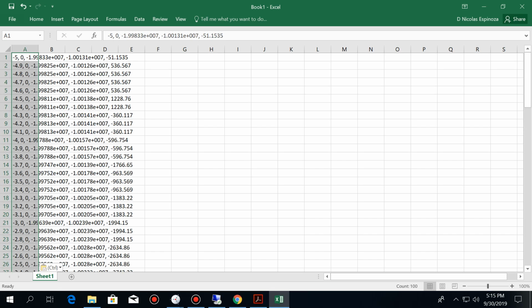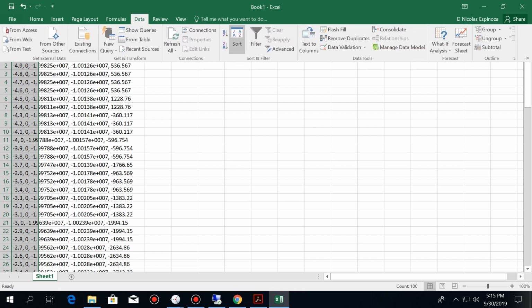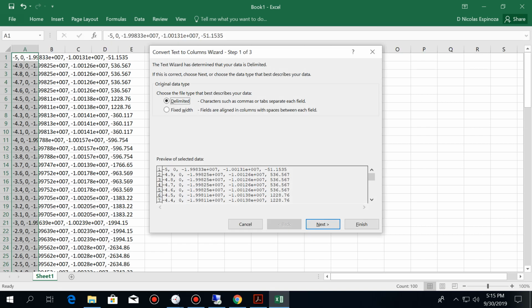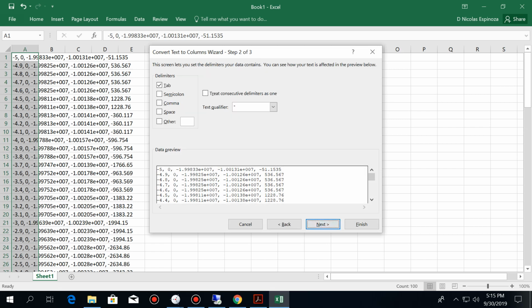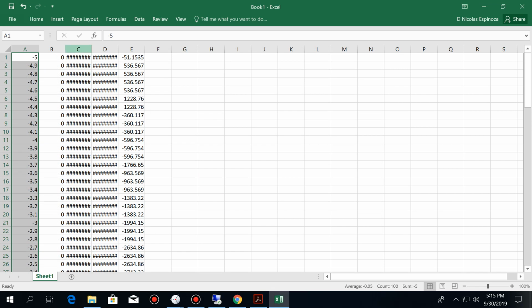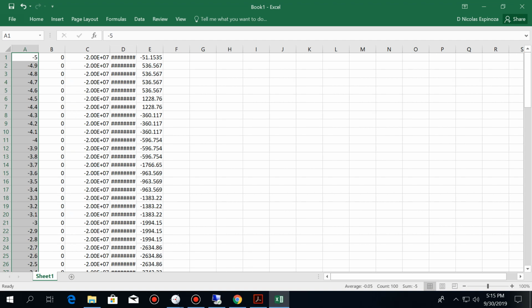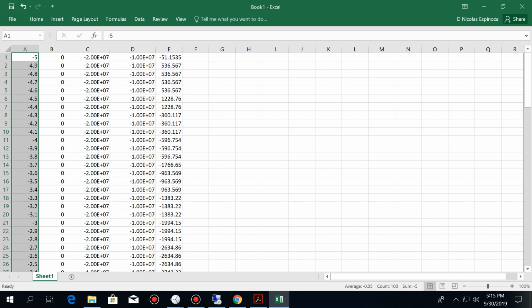So you have all the data, and then you go Data, text to columns. I told the software to separate it by a comma. Now I'm going to go delimited, choose comma, and now it's going to use the comma as a separator. You click finish, and now you have your data separated in columns.